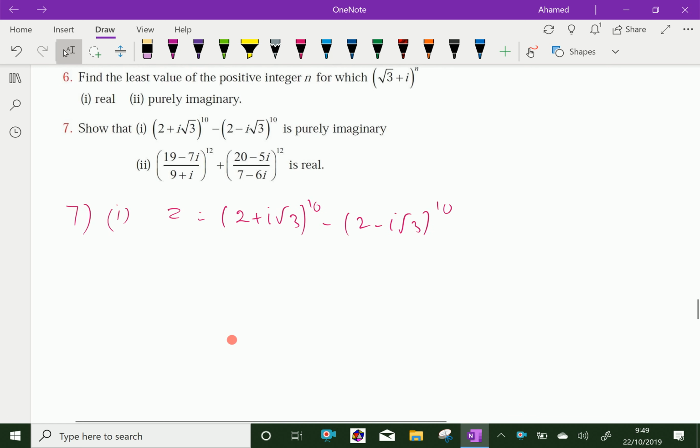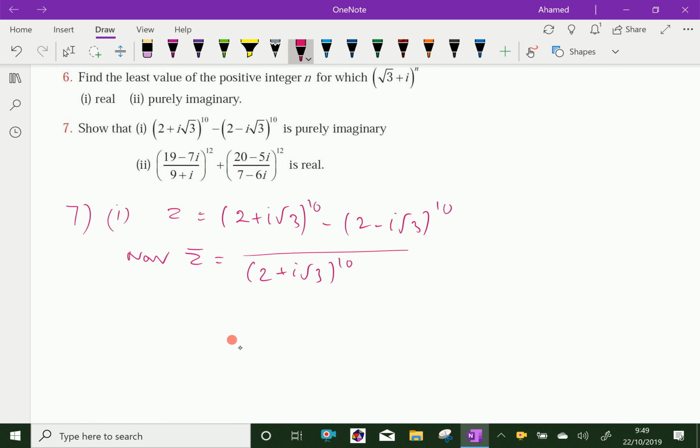Now we can say the conjugate of z is z bar, that is equal to the conjugate of (2 + i√3)^10 minus (2 − i√3)^10.